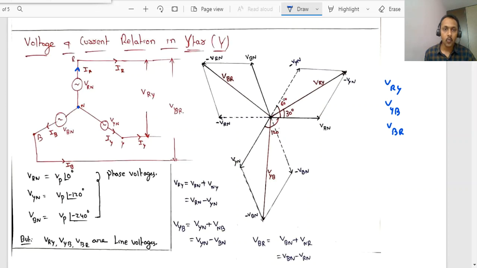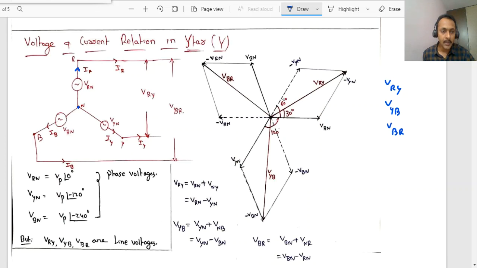Now our focus is what would be the relation between the line voltage and phase voltage, and also between the line current and phase current. In a balanced three phase system, the magnitude of the voltages will be the same, and they will differ by an angle of 120 degrees. How do we understand that? For example, the R phase has magnitude Vp at an angle 0, then the Y phase voltage will have the same magnitude, but it will lag the R phase voltage by 120 degrees.